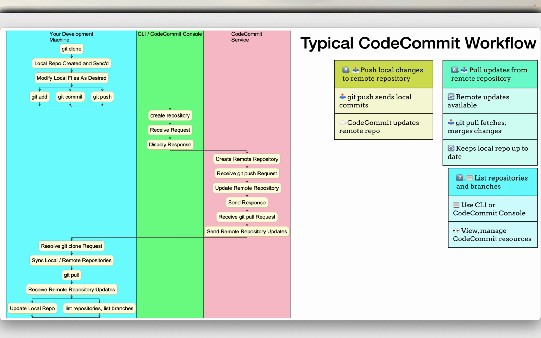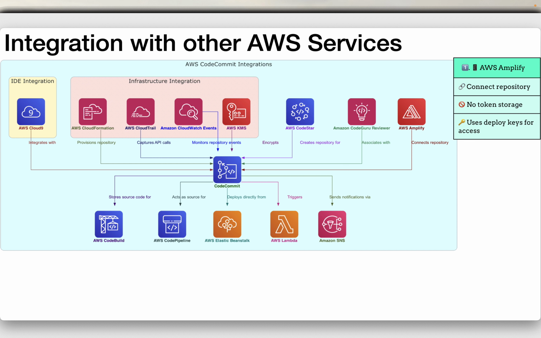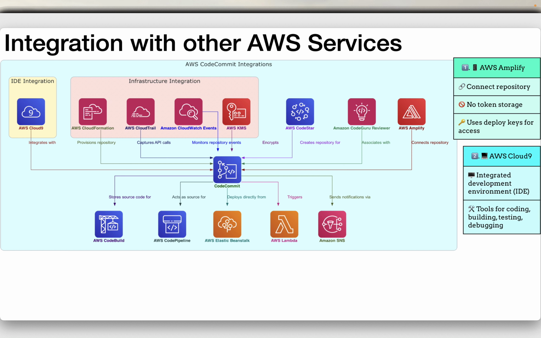So, AWS CodeCommit integration with services. First one, AWS Amplify. You can connect your CodeCommit repository in the Amplify console. Amplify fetches an access token from the repository provider but does not store it on AWS servers. It uses deploy keys installed in the specific repository for access.